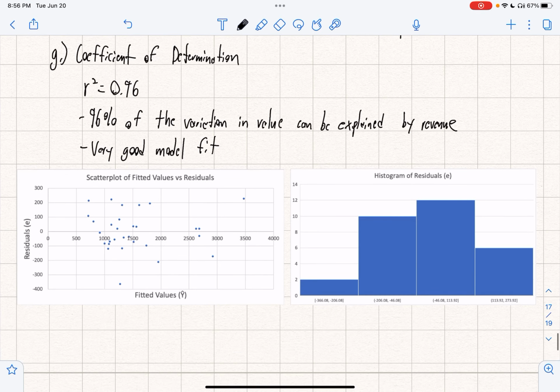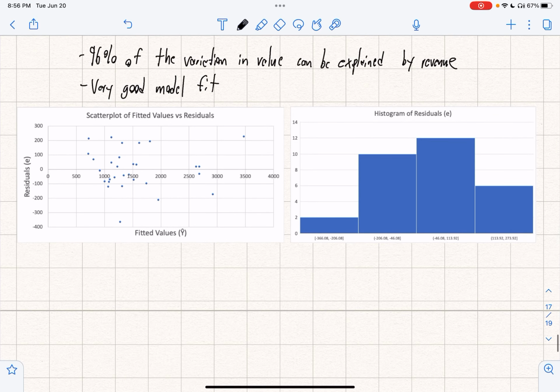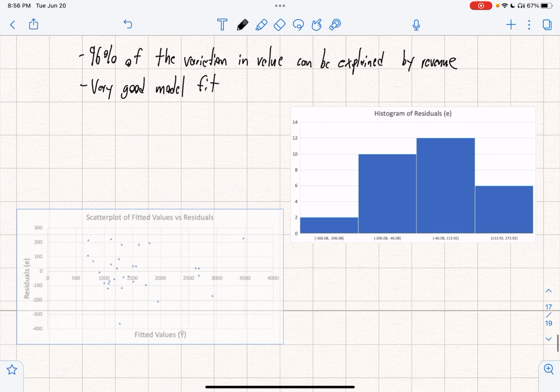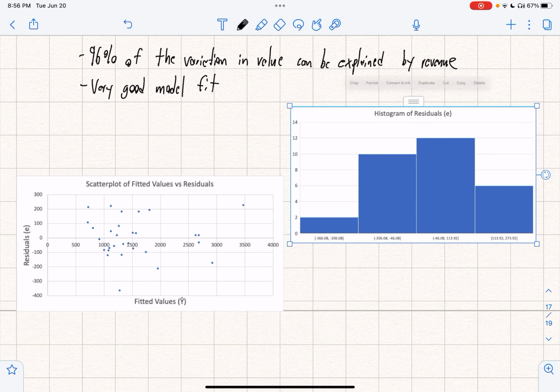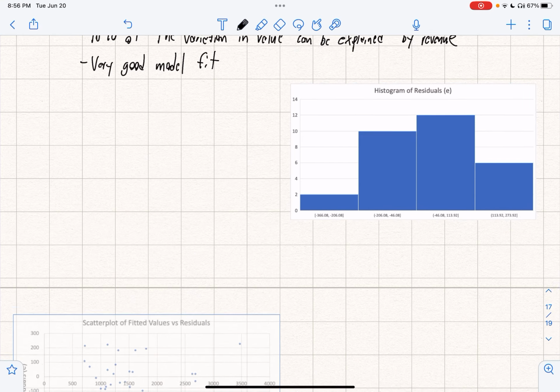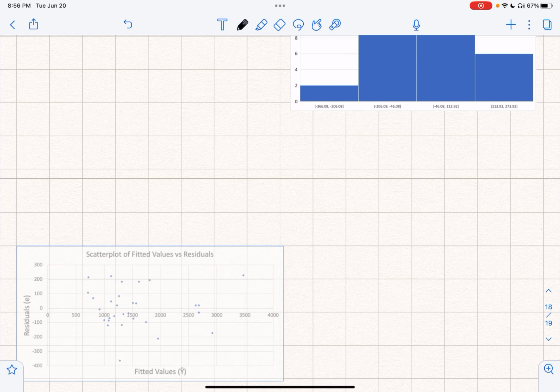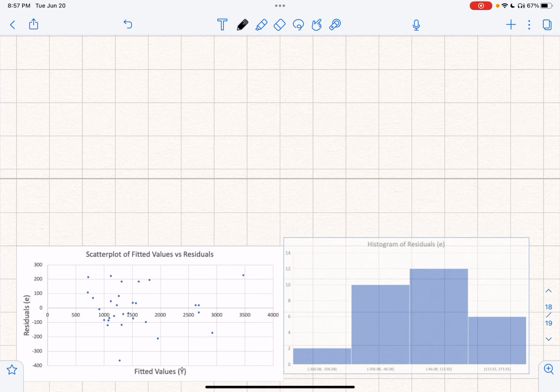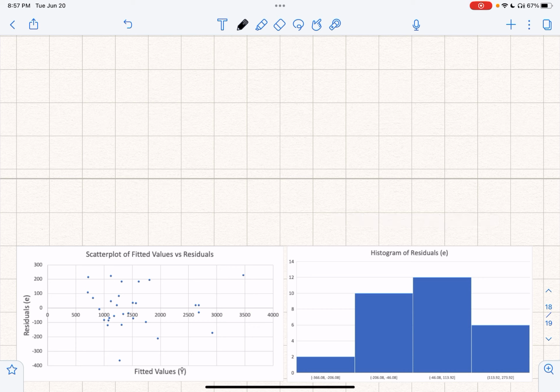And then finally, our assumptions. So maybe I should move these down. Just put them on the next page. So let's just recall, so this would be part H. So first, let's just go through them. Linearity.